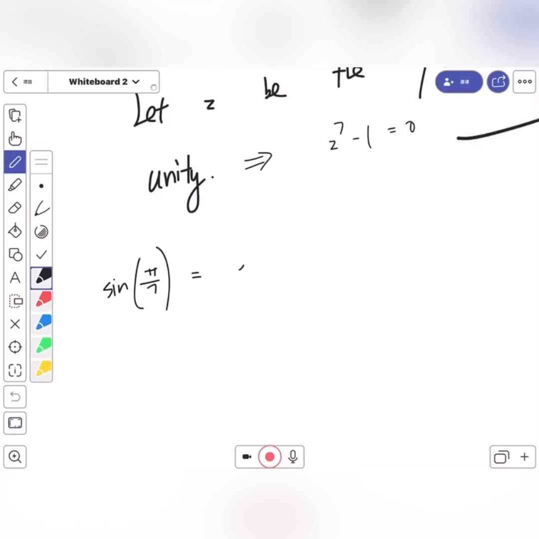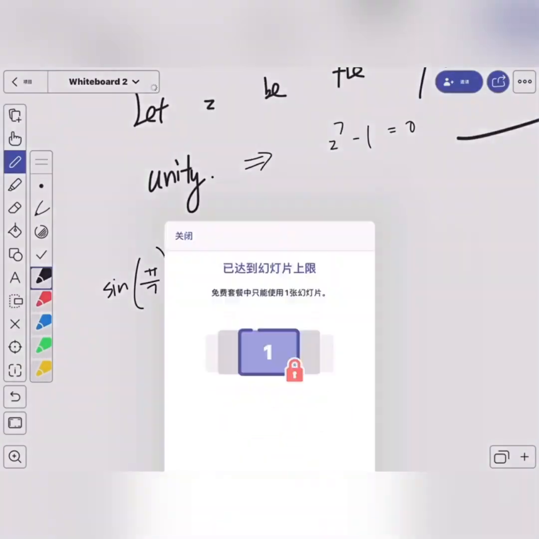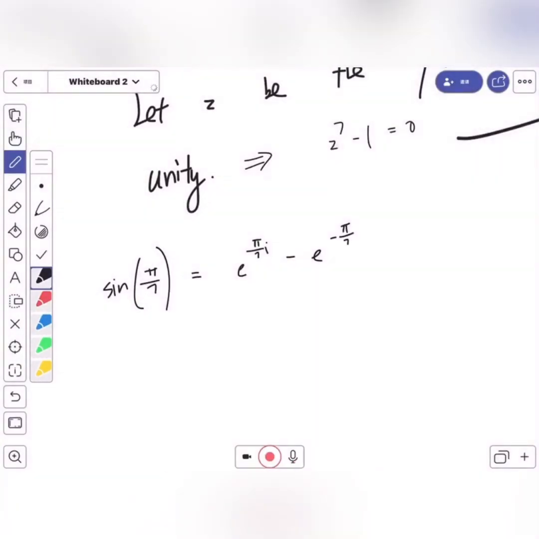Sine of pi over 7 is equal to e to the pi over 7 i minus e to the negative pi over 7 i, the entire thing divided by 2i.